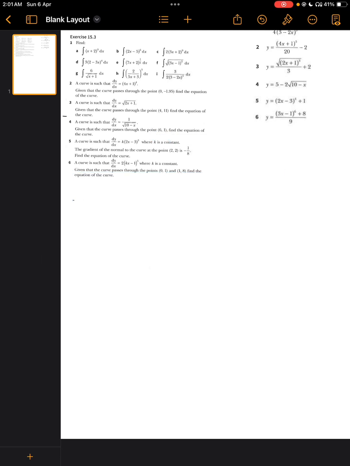Question number 4 done. Now question number 5. A curve is such that its differentiation result has been given here, where k is a constant. The gradient of the normal to the curve at point 2 comma 2 is minus 1 by 8. Find the equation of the curve.